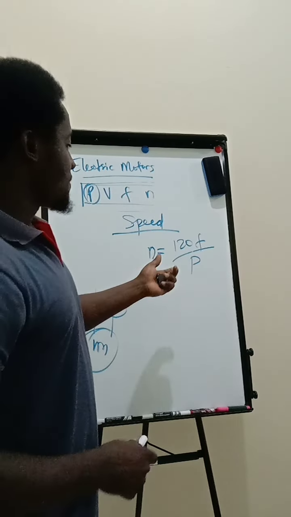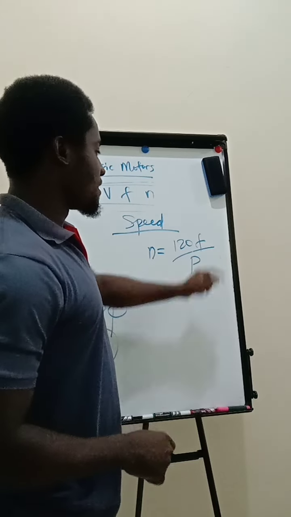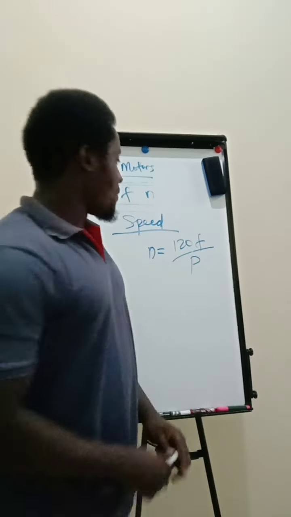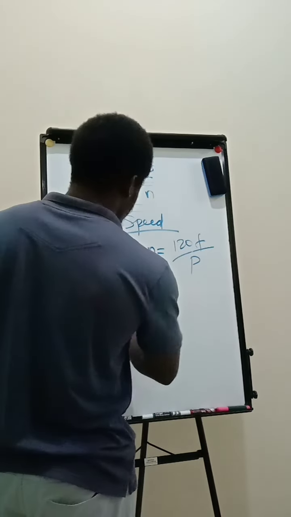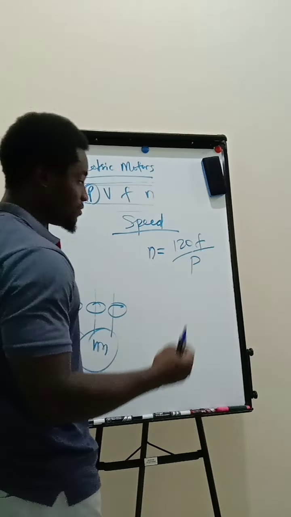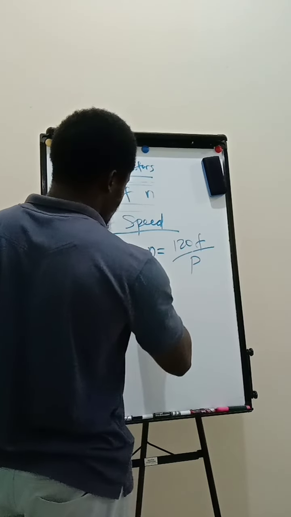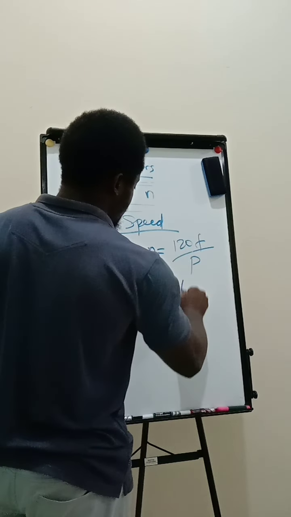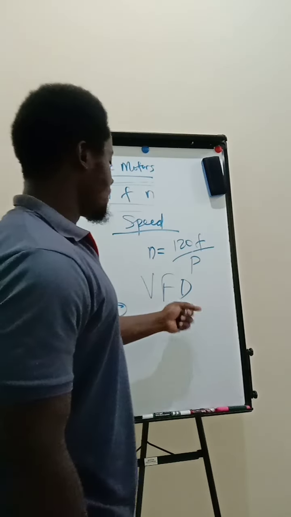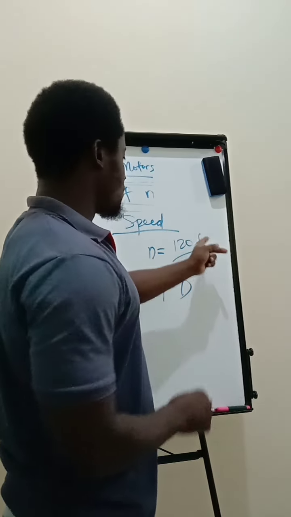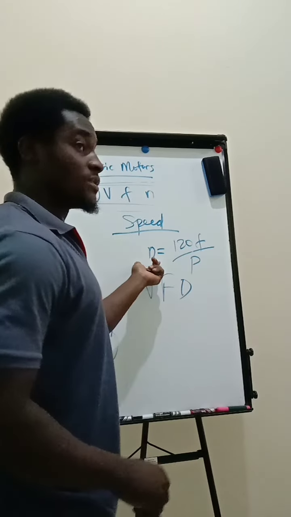So basically, the best idea here is to increase or reduce the frequency, whereby we have an amazing device or component used for this application, which is called the variable frequency drive, the VFD. It is used to increase or reduce the frequency, thereby increasing or reducing the speed.